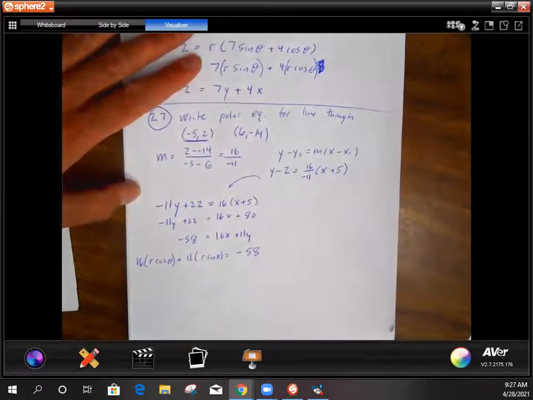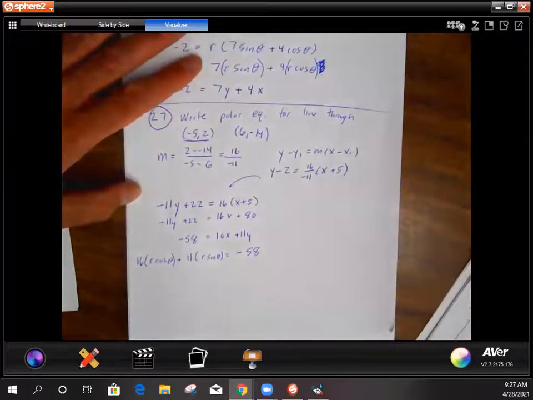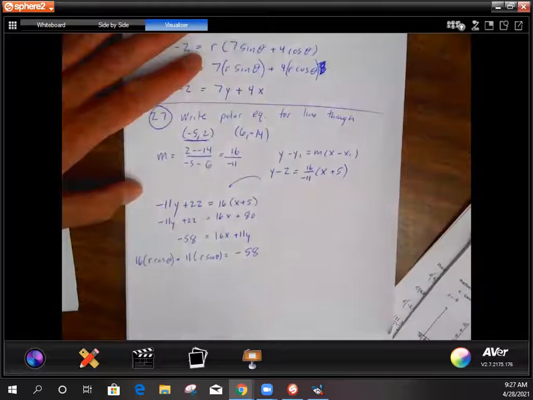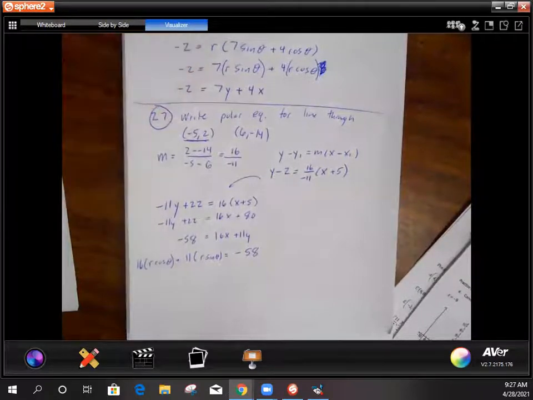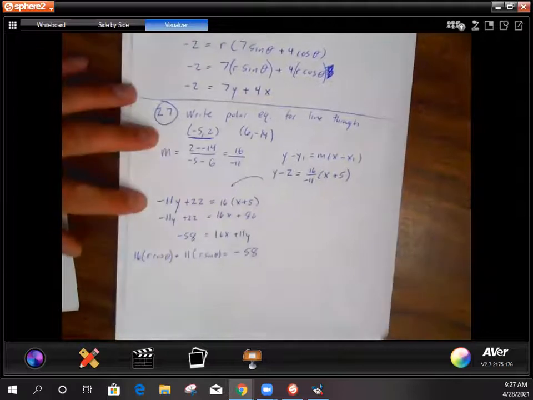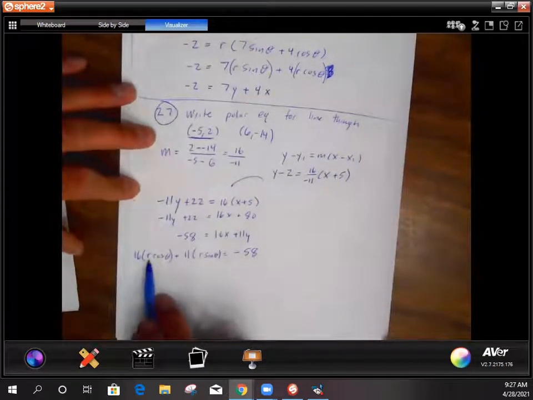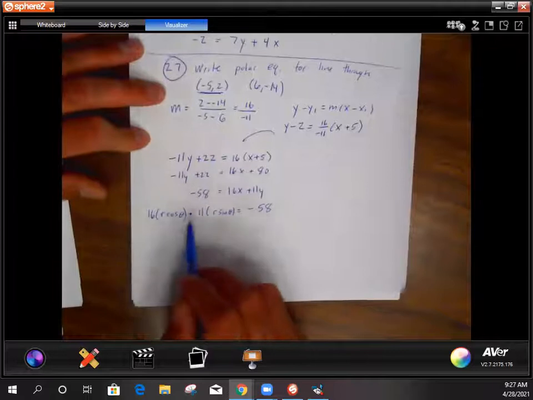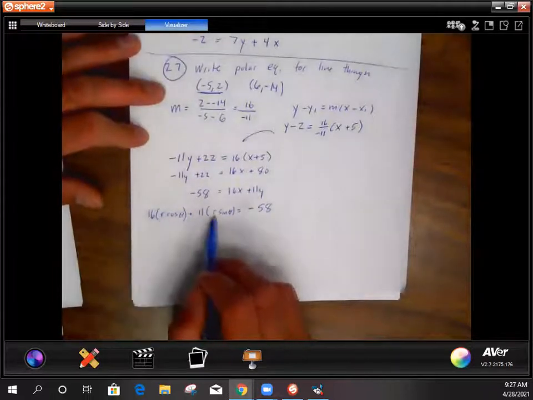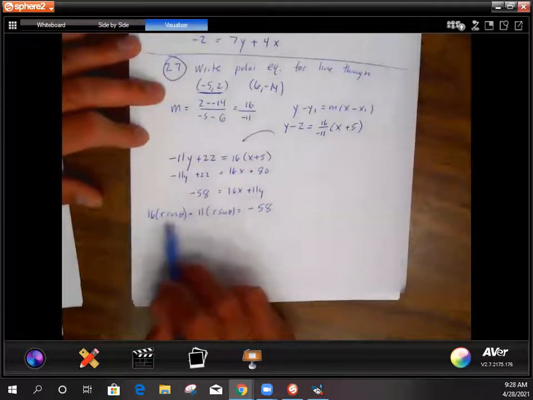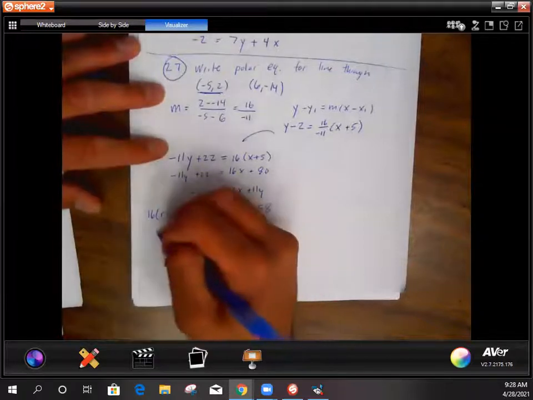Okay. And any polar equation, if you think about how you would type that into the calculator, it's always r equals something in terms of theta. So now we want to isolate r. This is using our algebra skills and factoring. Since r appears in both of these terms, we can just factor it out.